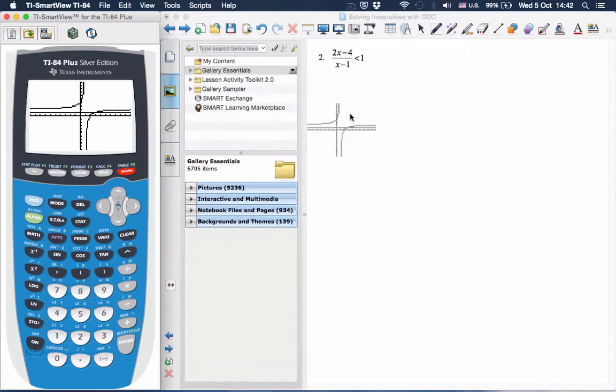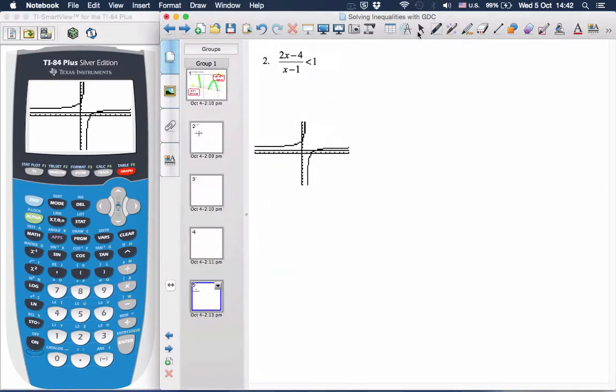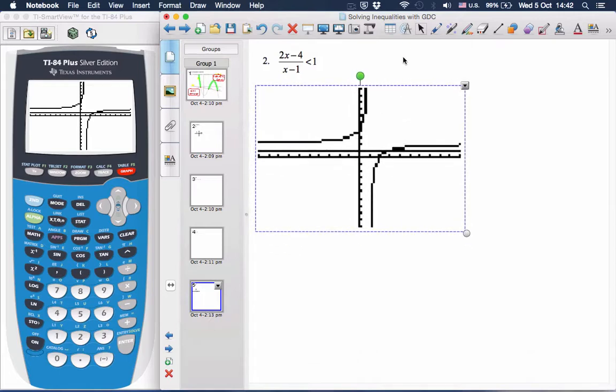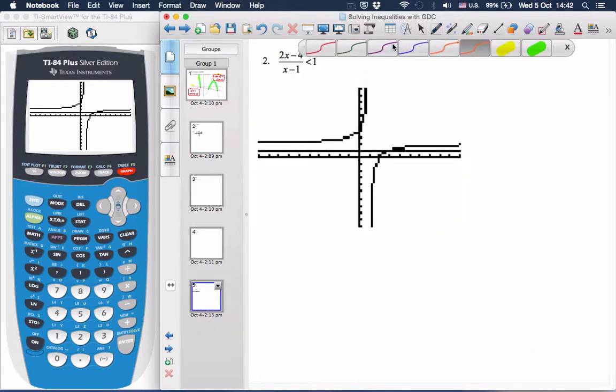Here is our graph. Okay, we need to know a couple of things. First, where is the vertical asymptote? Vertical asymptote is at x equals 1. Okay, and then it meets here.